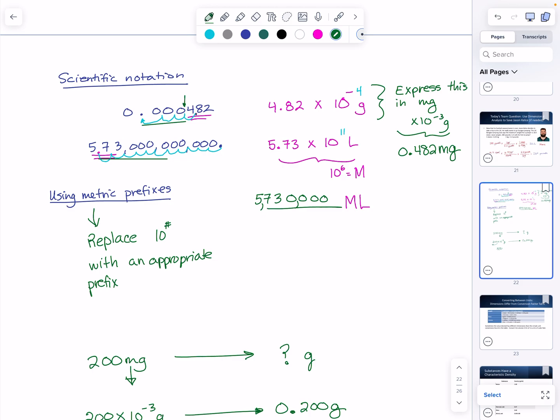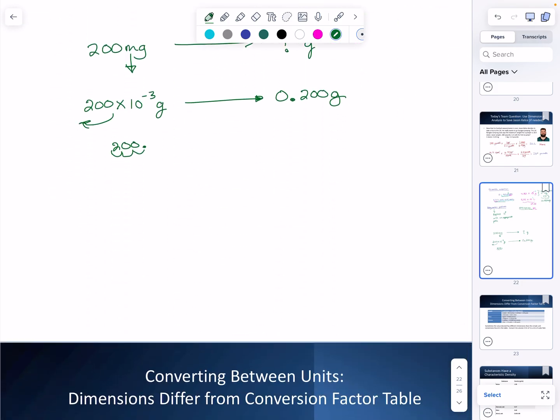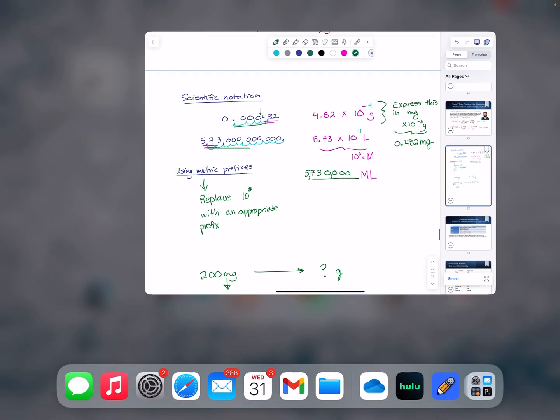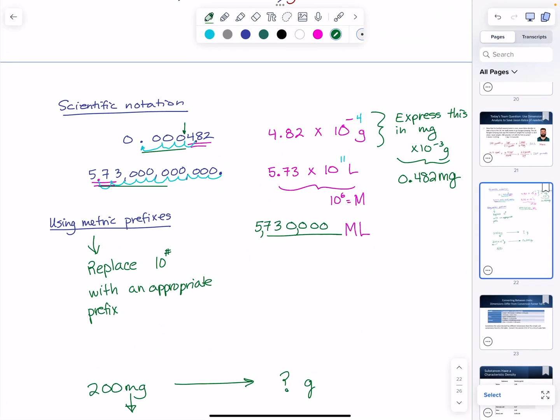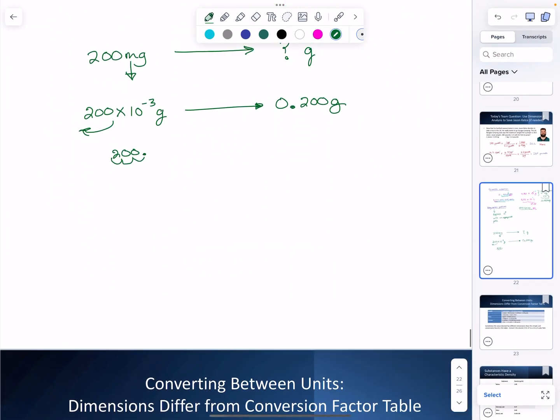So scientific notation, that's our mathematical concept number 1. Mathematical concept number 2 is the fact that when you have a fraction that has 2 things that are the same on the top and bottom, you can cancel them out. And that is the mathematical principle behind this procedure called dimensional analysis that we've been using to do unit conversions.